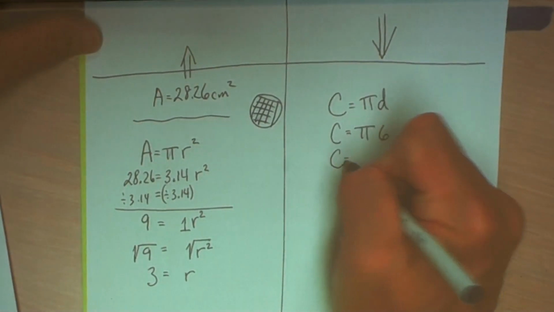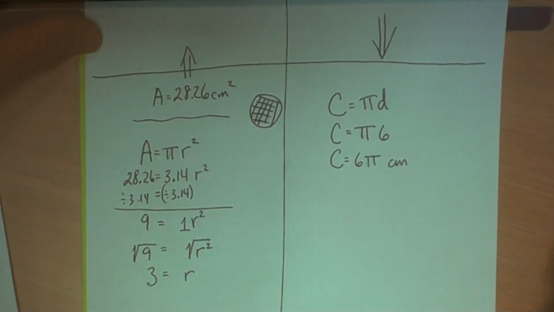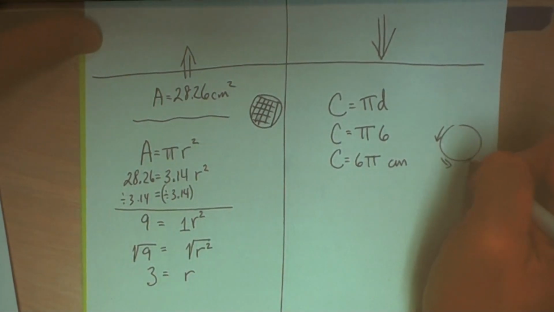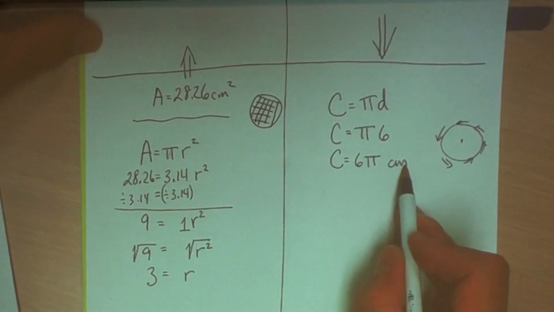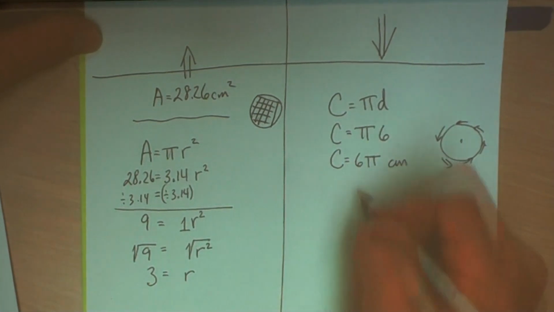And mathematicians will write 6 pi centimeters. Again, the circumference is the distance around the edge of the circle, around the perimeter. 6 pi centimeters. It is a linear distance, so it's just centimeters.